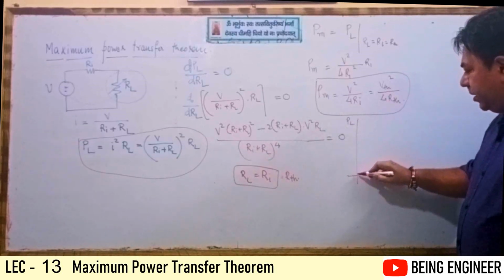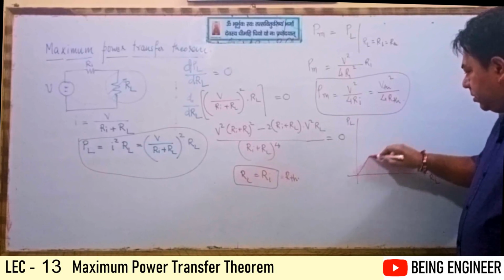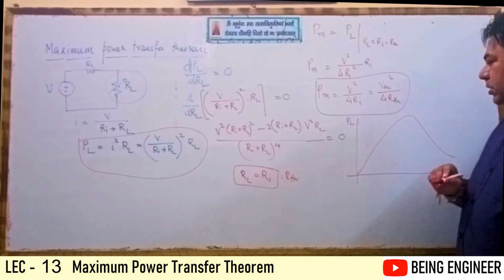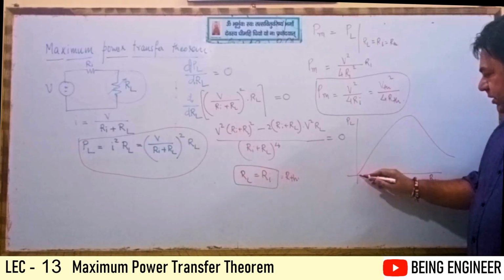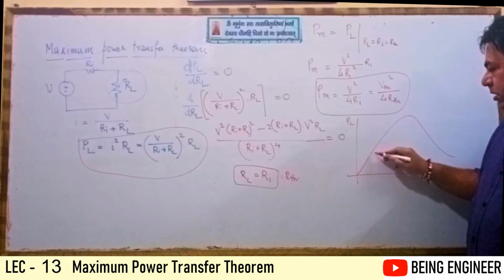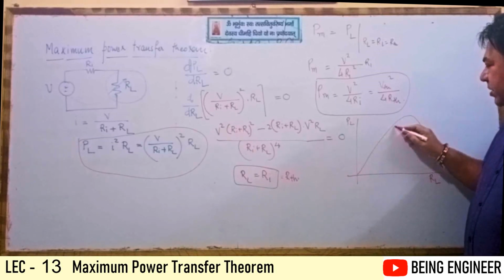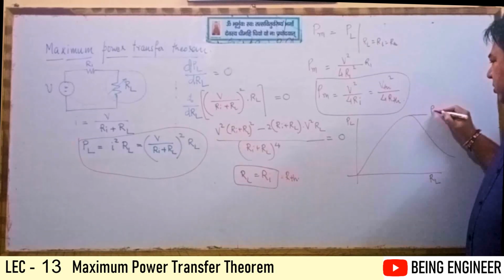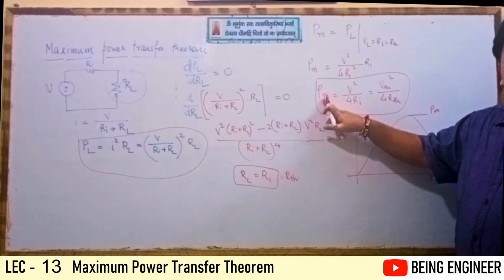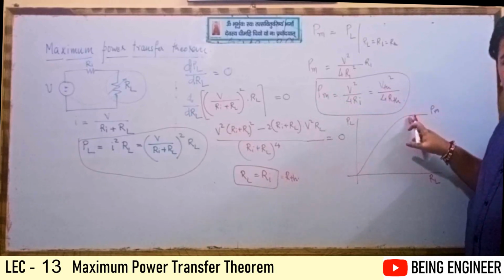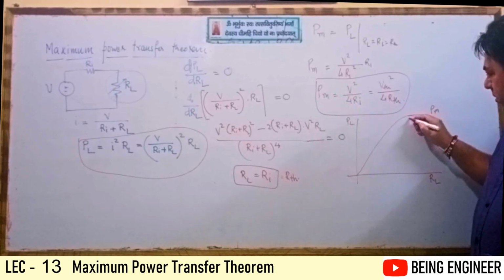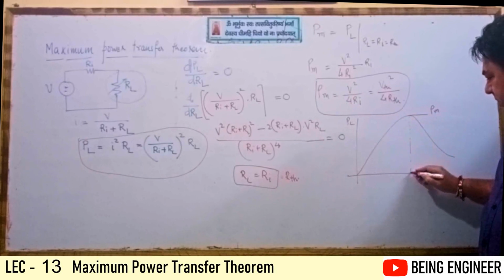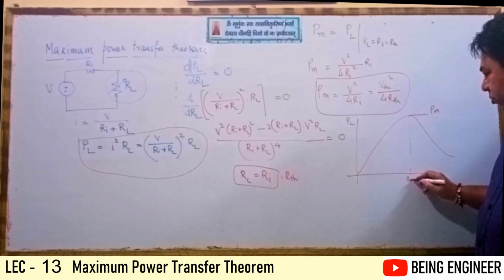The curve will be like this. If load resistance increases, power increases. But you can easily see there is a peak point, which is this Pm. This power is achieved by the circuit when the load resistance RL is equal to RTH.